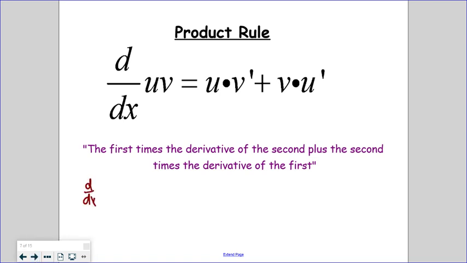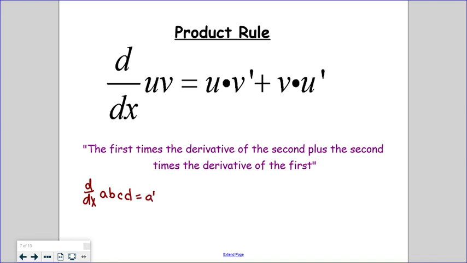If we were to look at something like the function a times b times c times d, where a, b, c, and d are each their own individual functions, taking the derivative of that, I basically can just go down the line and take turns taking the derivatives of a, b, c, and d while the others don't change.